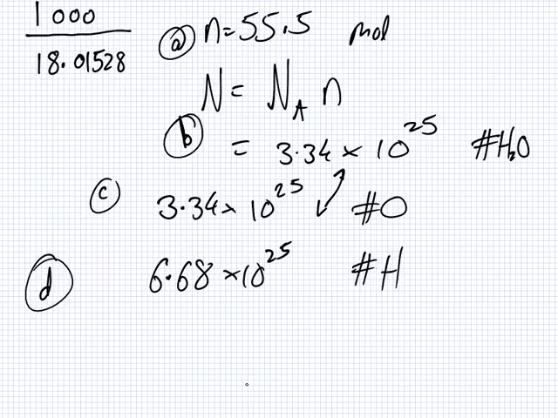It should be 6.68 times 10 to the 50. Nope. Why? Oh, you know why. The 2 just multiplies the number in the front. It doesn't change the power. You are thinking of squaring. Trust me.